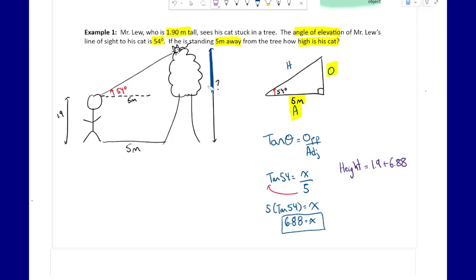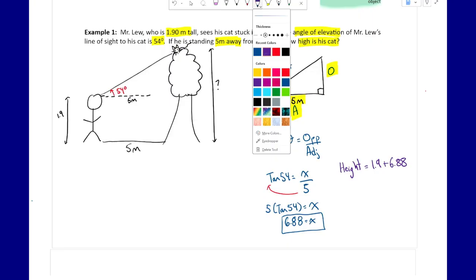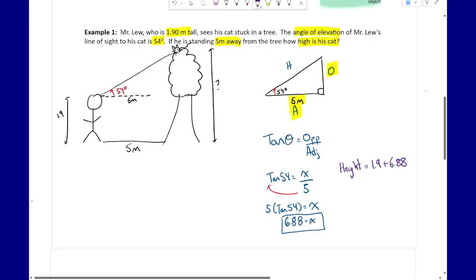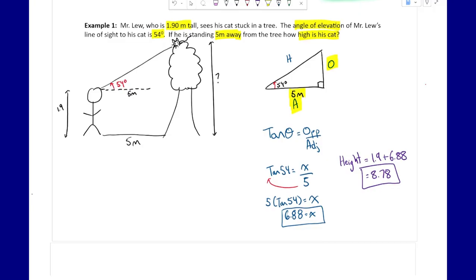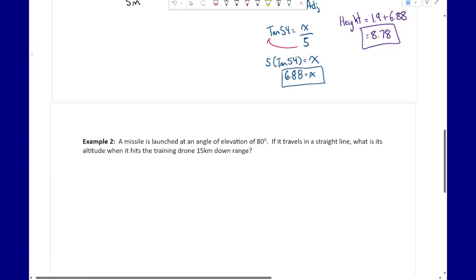We need to figure out what the entire height is. So that's why we're adding the two heights together. So 1.9 plus 6.88 is 8.78. So that is the actual height, or how high the cat is. So a little bit of a two-part, or two-step, question.